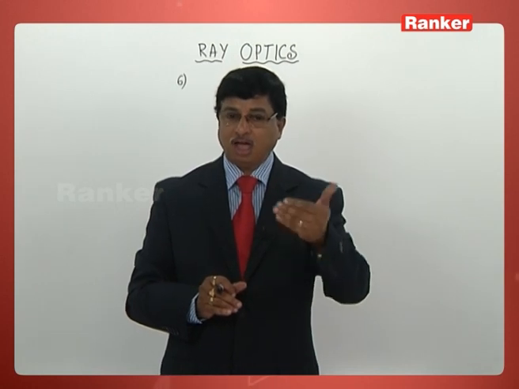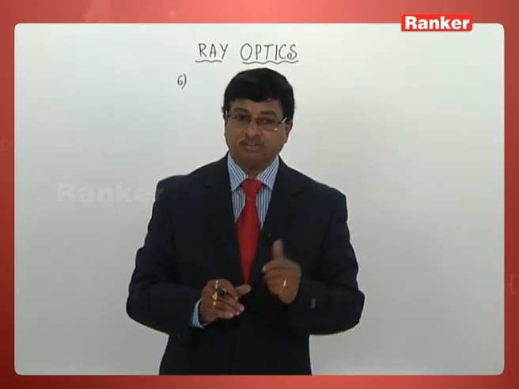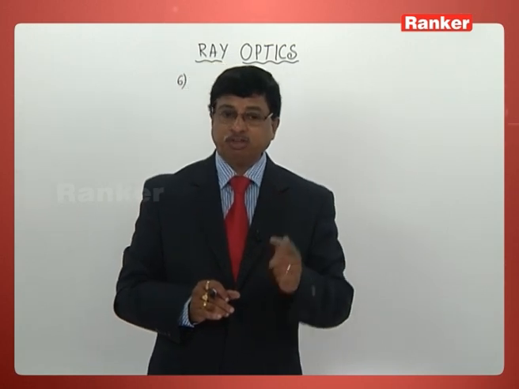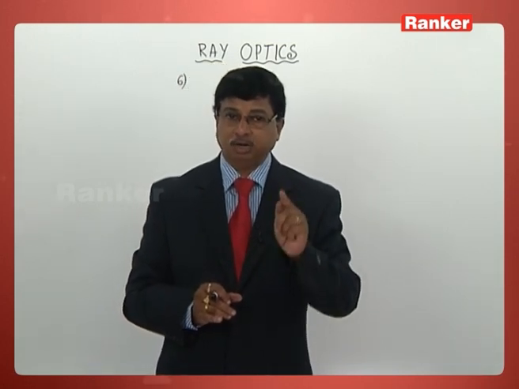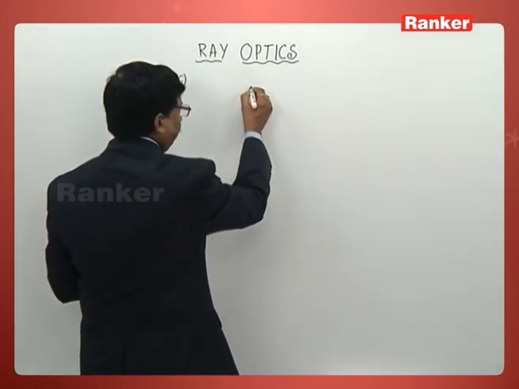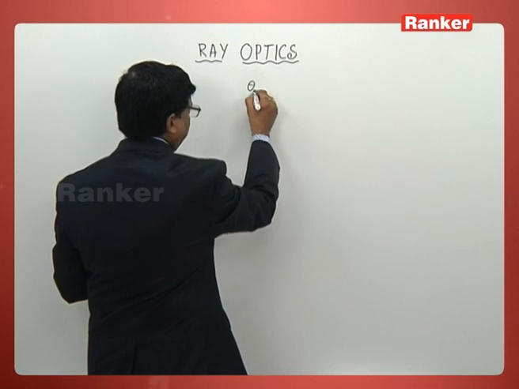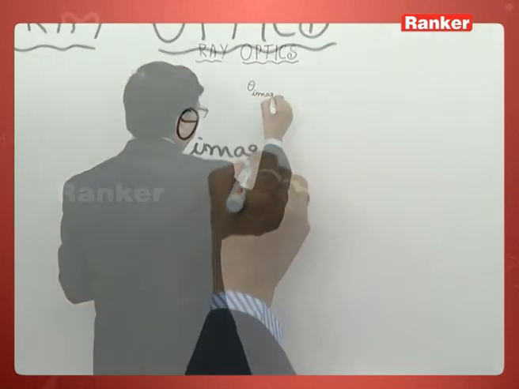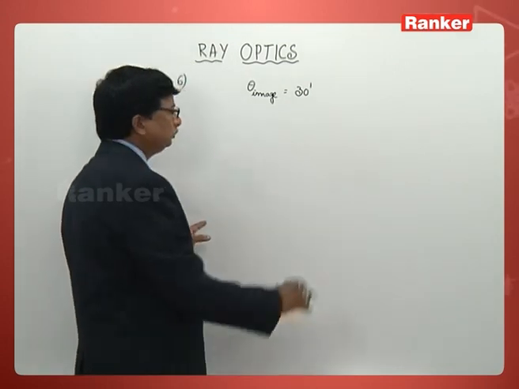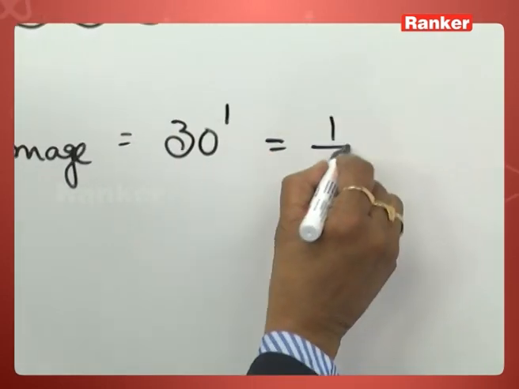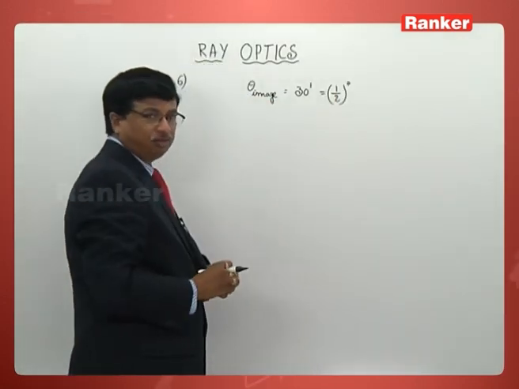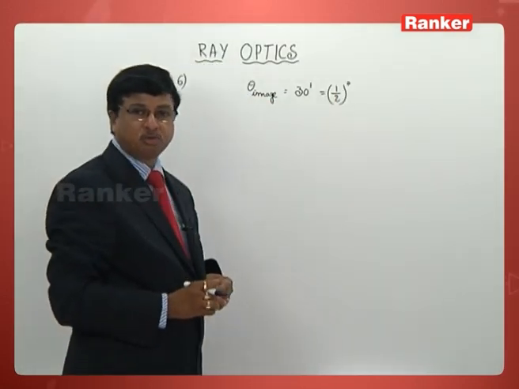And what is the angle it is subtending? Which one is subtending that angle? The image of the sun, which subtends an angle of 30 minutes. So the angle subtended by the image is 30 minutes. You can directly write that as half a degree. 30 by 60 is 1 by 2 degree.